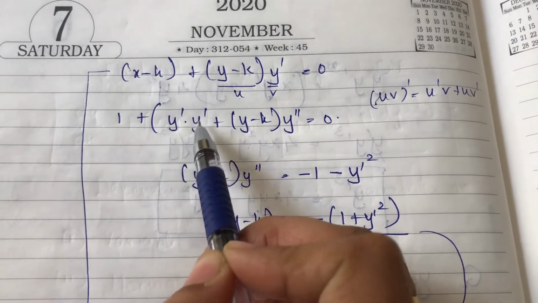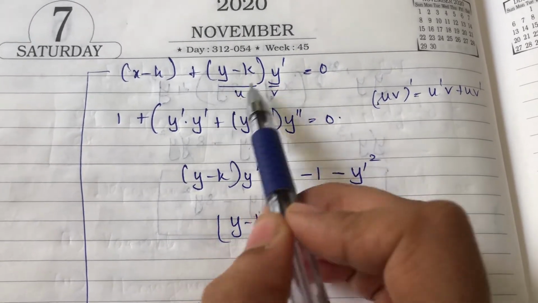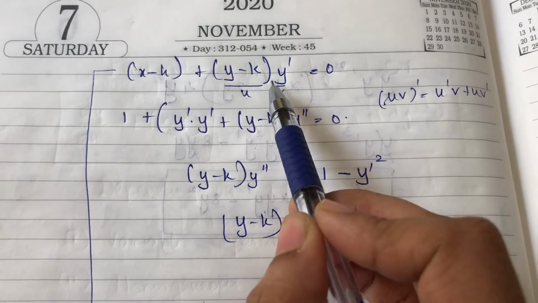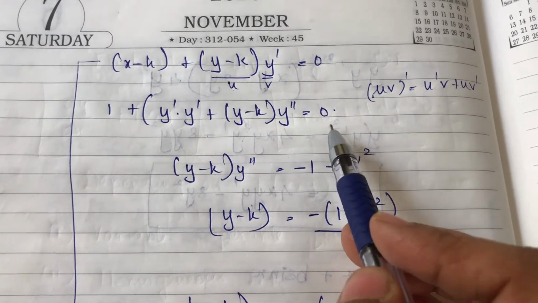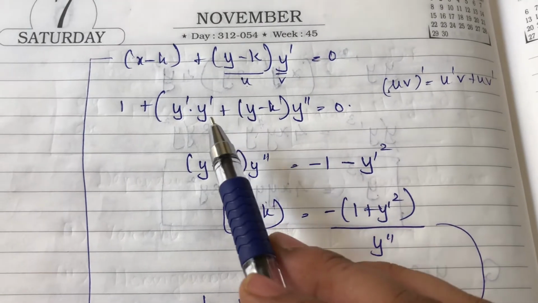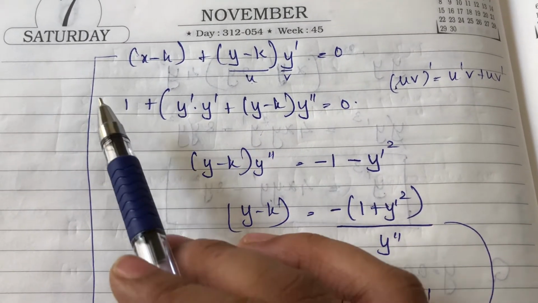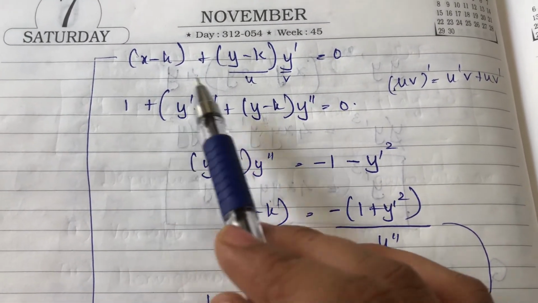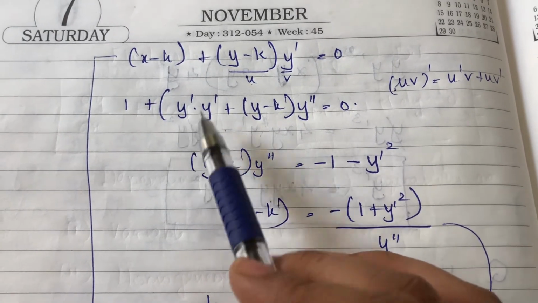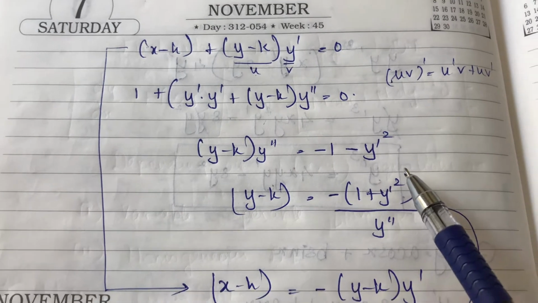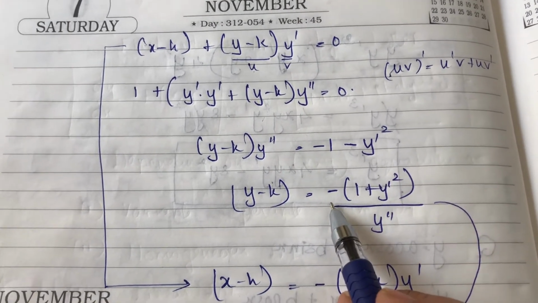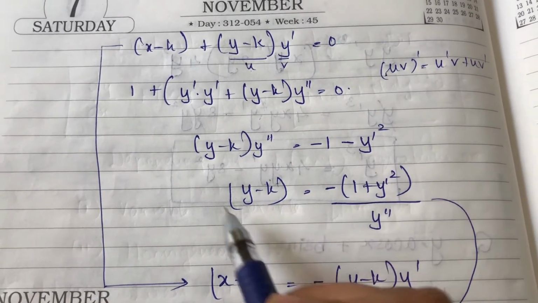So u dash v plus u, then v dash means y double dash, which is equal to 0. So I am just bringing these two things, plus 1 plus y dash the whole square, taking the minus outside and keeping it as it is.